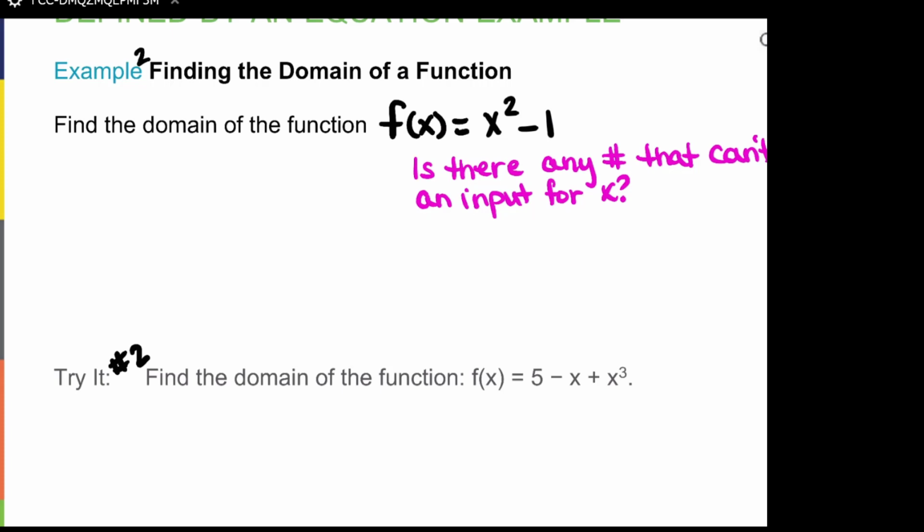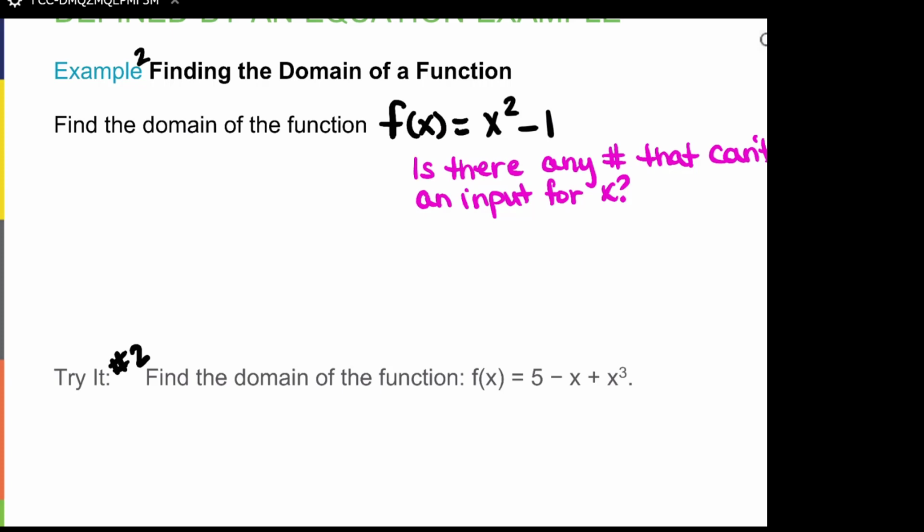Is there any real number that cannot be an input for x? So is there anything that if you put it in for x and then squared it and then subtracted 1, would give you an undefined answer, or something like the square root of a negative number where you can't find that? And so I can't think of anything at all.